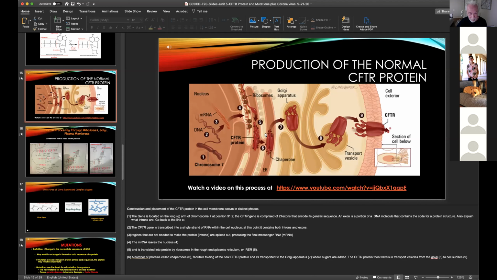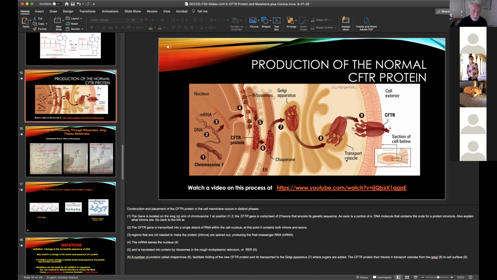And the primary structure of the protein is made in the ribosomes. It then goes to the Golgi apparatus, where it undergoes a process called glycosylation, which means it's decorated with various different sugars. And from there, it goes through a vesicle, and finally it ends up in the plasma membrane. And if it's a wild type or a normal protein, that's where it functions, transporting chloride ions.